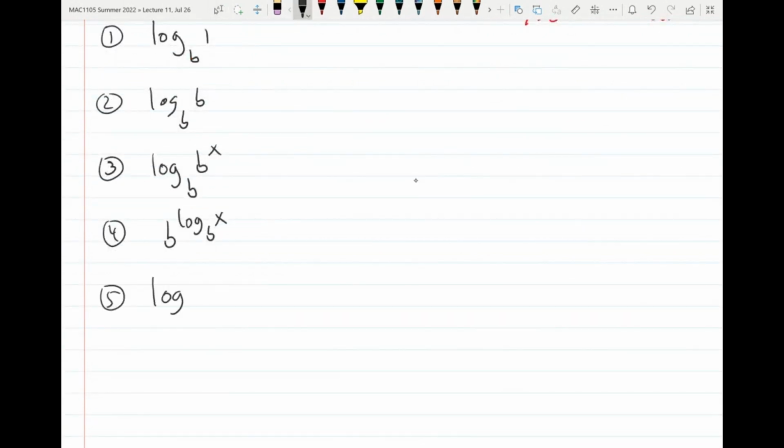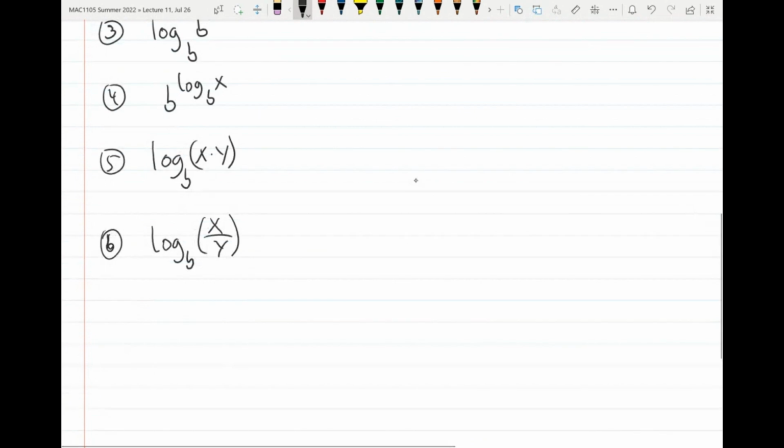Now 5, log base b of x times y, 6, log base b of x over y, and then number 7, log base b of x to the r.